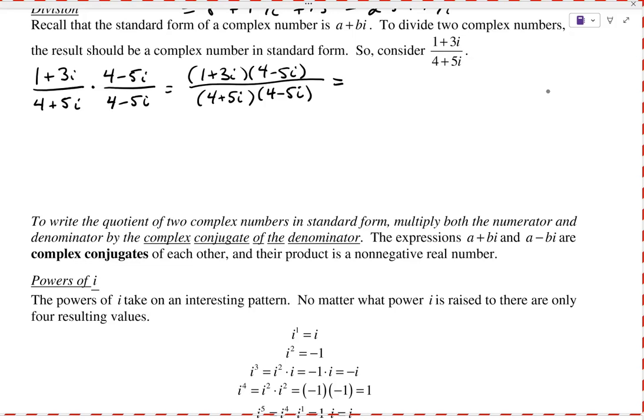I can't write it in standard form unless I multiply out the numerator and the denominator. So I need to multiply out both. So let's do the top first. And again, we're going to multiply this like we just did in the previous example. What do you get when you multiply out the top?